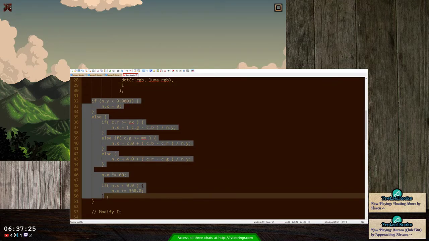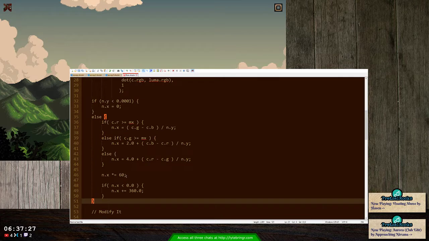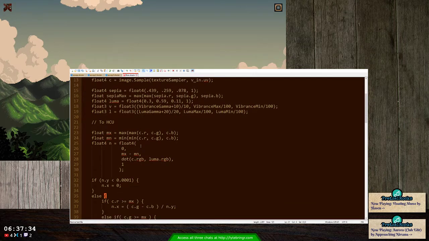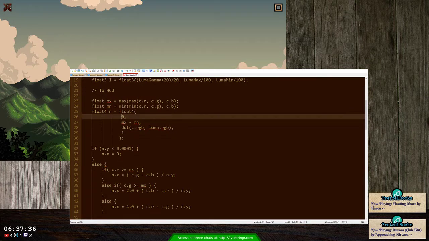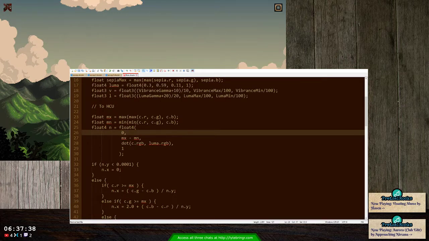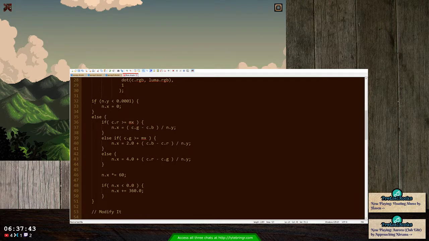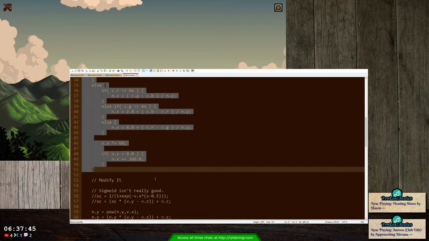Here we are calculating the hue. There's likely a more shaderific way of doing it, but for now we just wanted something that worked. And so here you've got the chroma. Here you've got the hue.